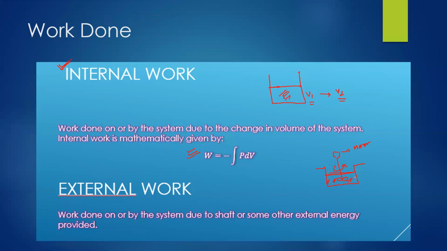Now this energy that is transferred is transferred either as heat or work. Over here, the driving force is not heat, not temperature difference. The energy is not being transferred because of higher or lower temperature. It is just externally transferred because of some other driving force.